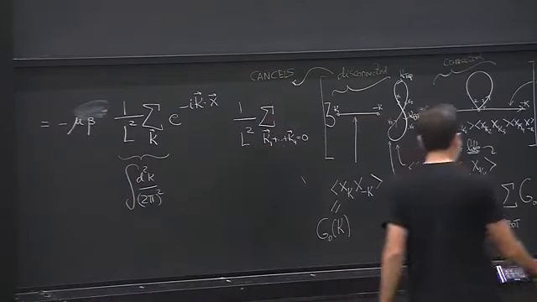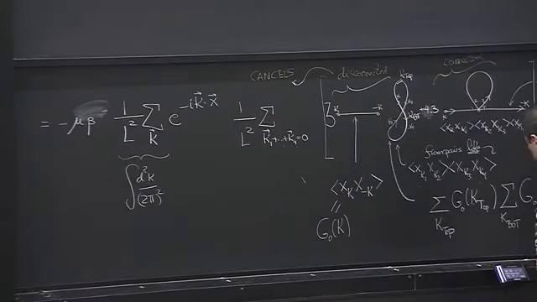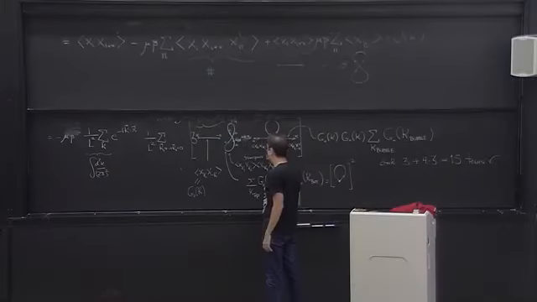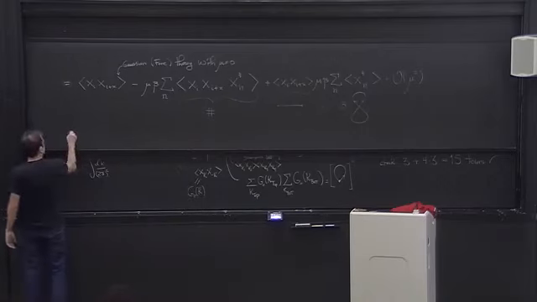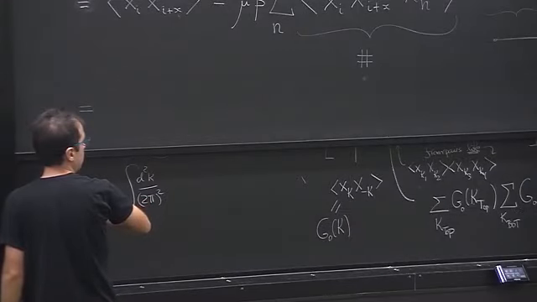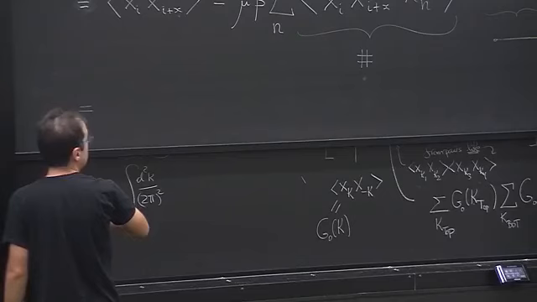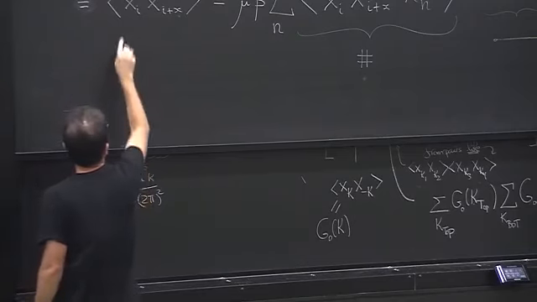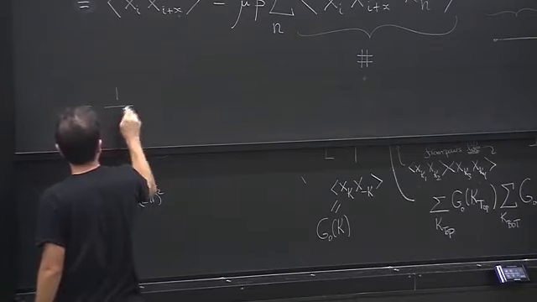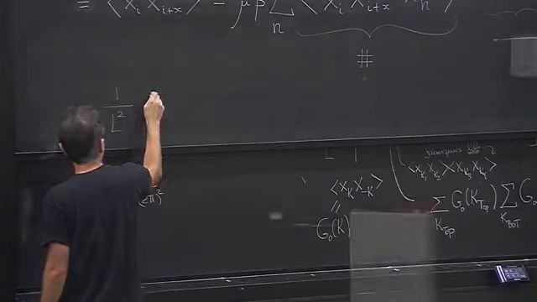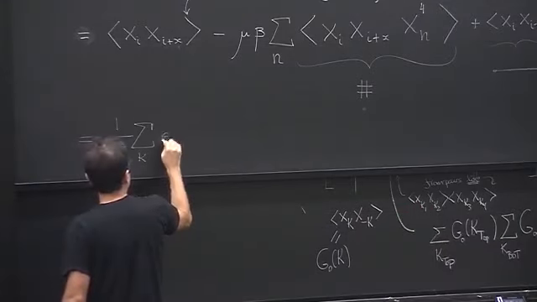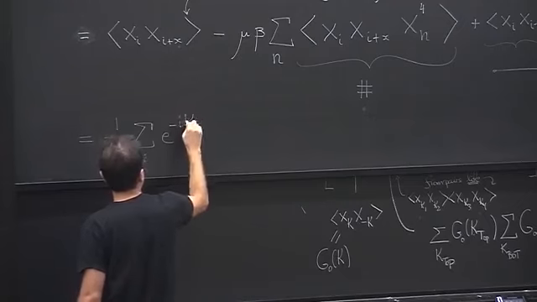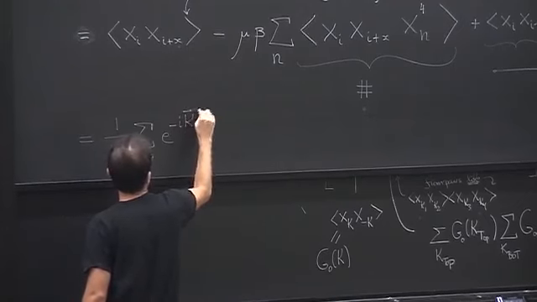And therefore, all in all, we conclude that our propagator is equal to, well, this guy here was 1 over L squared sum over k e to the minus I k dot x.